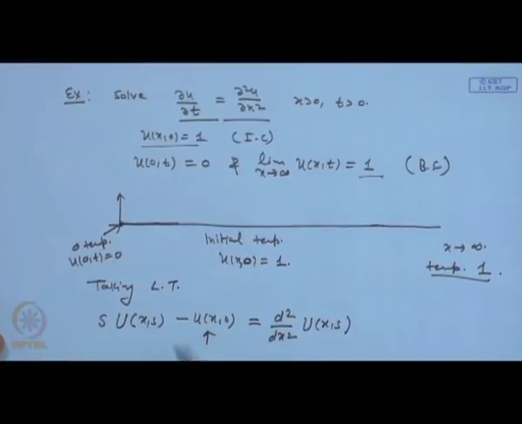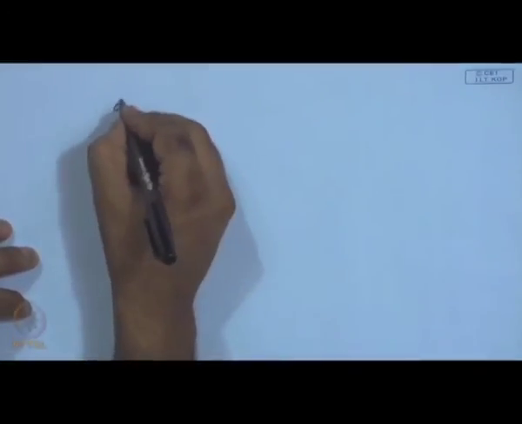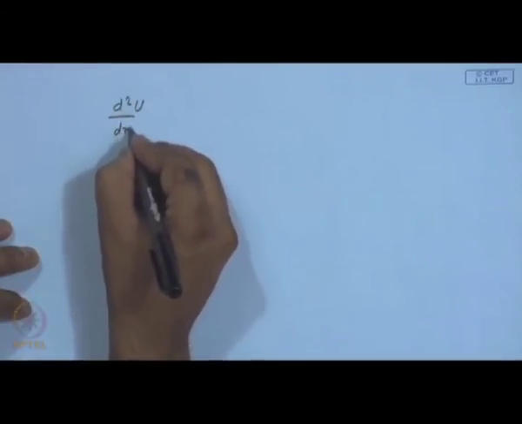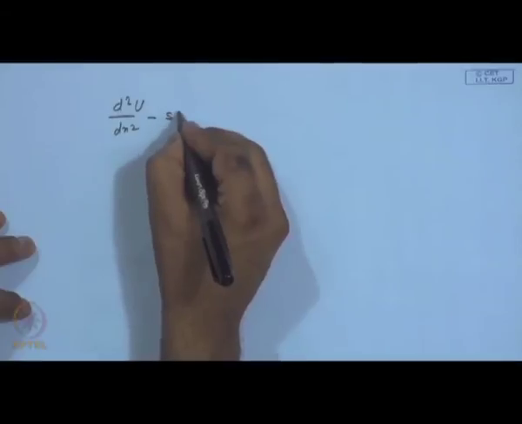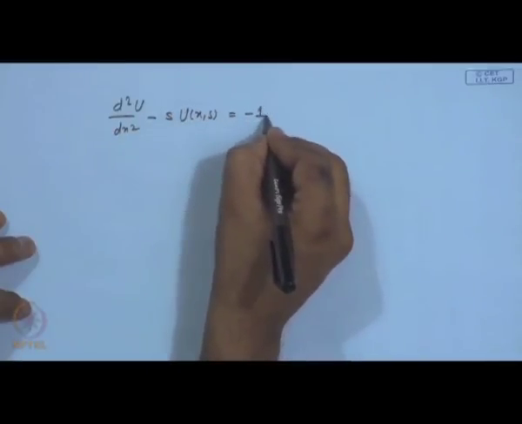So, u x 0 is 1. So, what we have is this differential equation d2u over dx square minus s u x s is equal to minus 1.